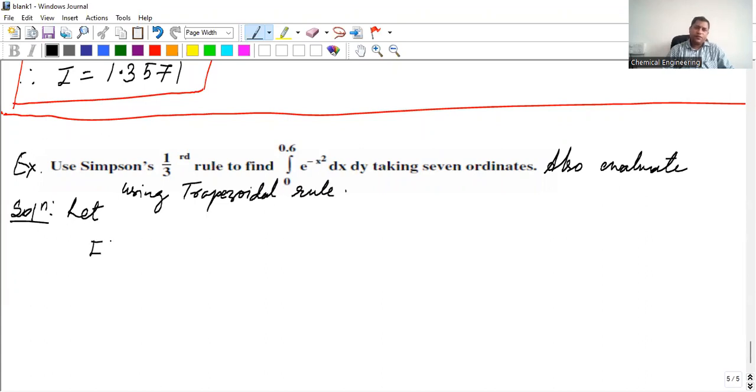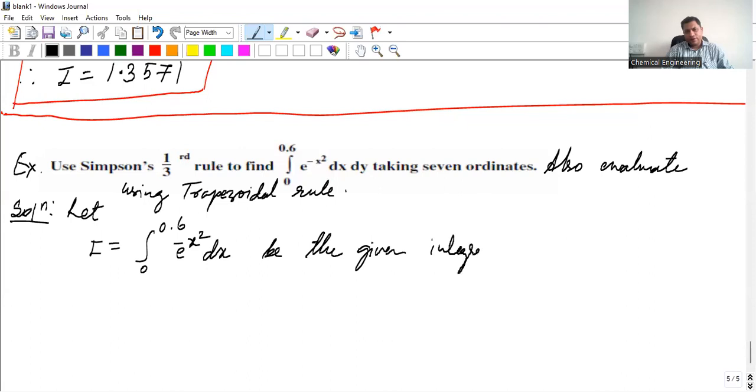Okay, so let I is equal to the integral from 0 to 0.6 of e raised to minus x square dx, the given integral. So we have y is equal to e raised to minus x square, or we can say 1 upon e raised to x square. Is that okay?